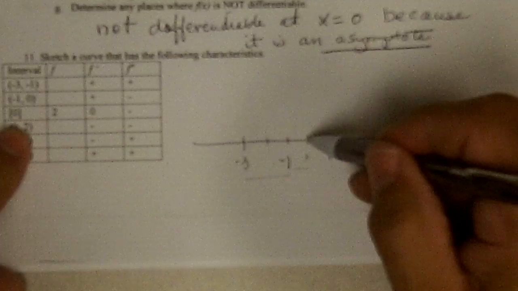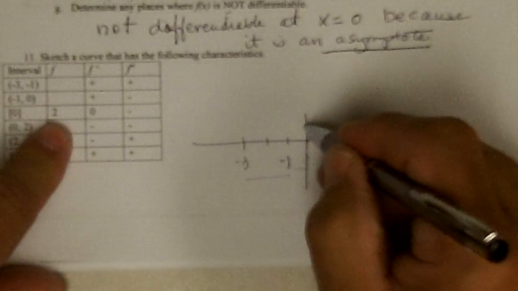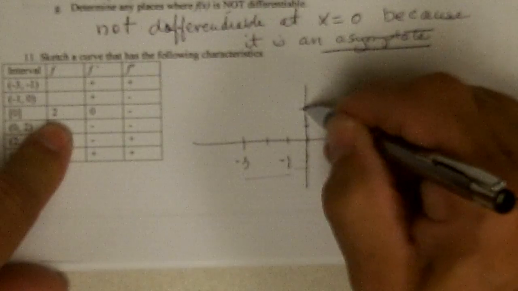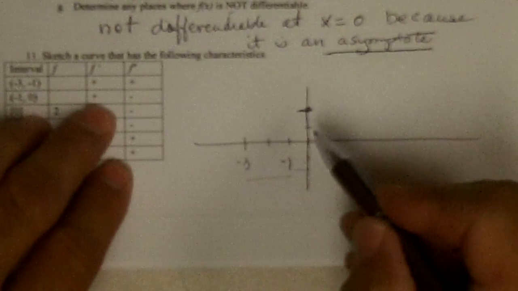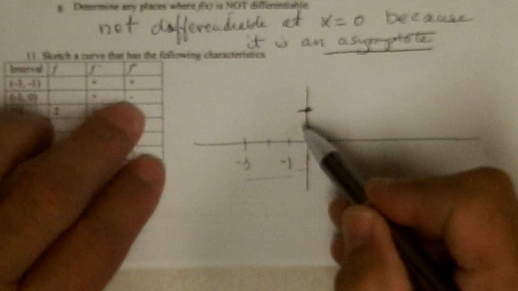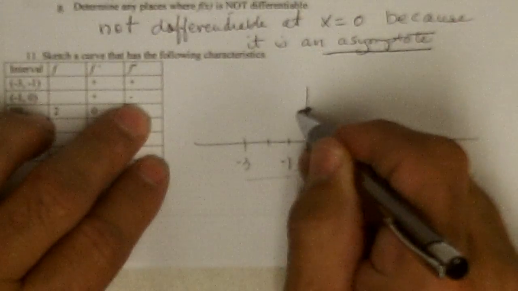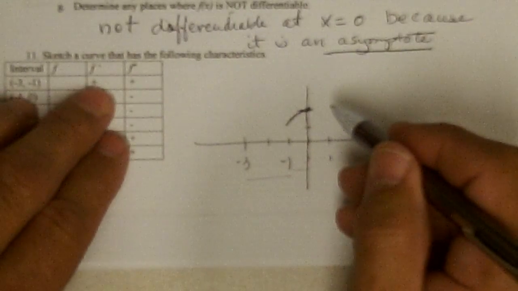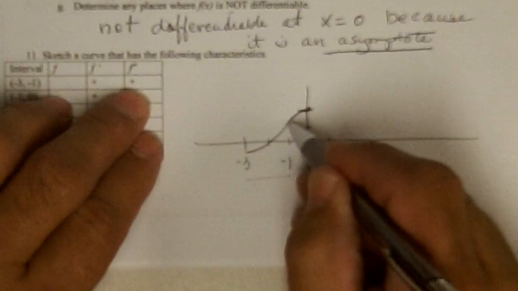Then at 0, it's at a height of f is 2. So we got to have that point. And just before that, the first derivative is positive, so it's increasing and curved down. And before that, it's increasing and curved up. So it could be something like this.